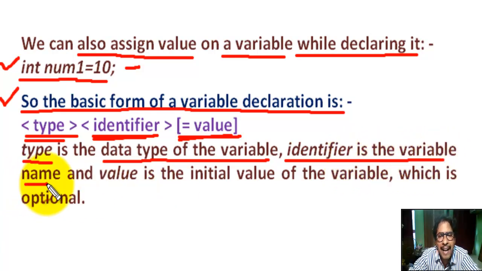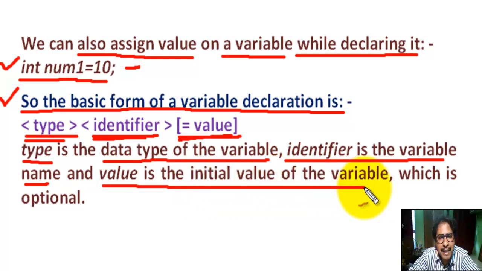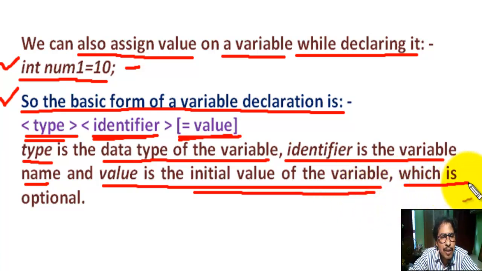Identifier is the name of the variable, and value is the initial value of the variable, which is optional.